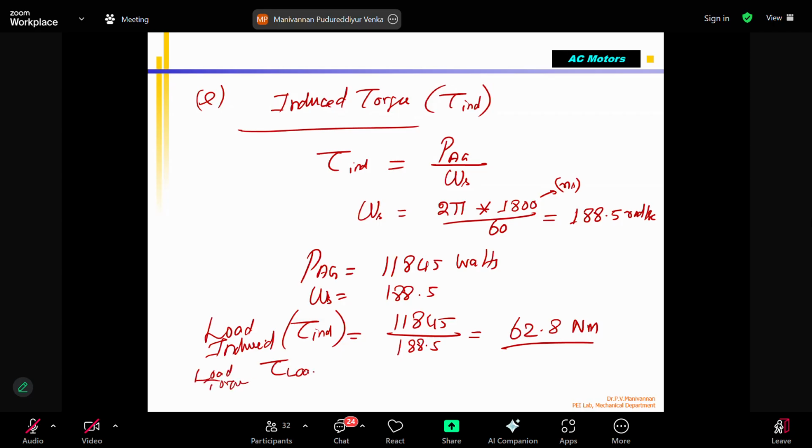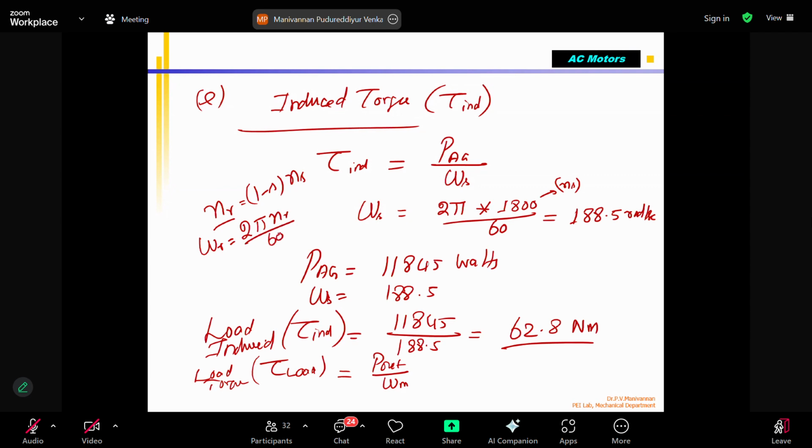That is tau load, is nothing but shaft power, final output P out, divided by omega m. Omega m is nothing but motor's shaft speed, correct? Motor shaft speed can be computed from NR, correct? NR, you know that NR equal to 1 minus S into NS, correct? From this, again, omega R equal to 2 pi NR divided by 60.